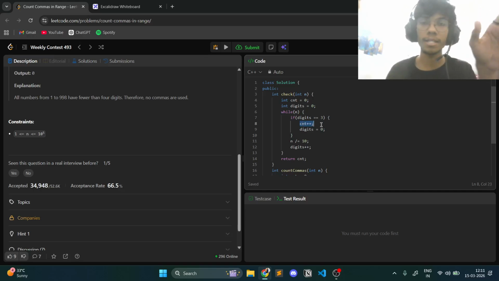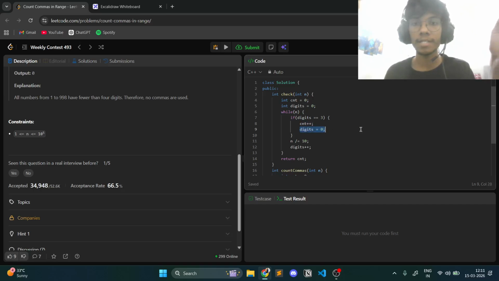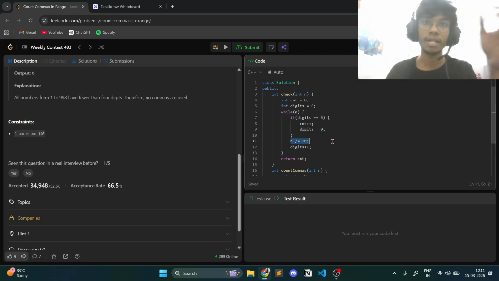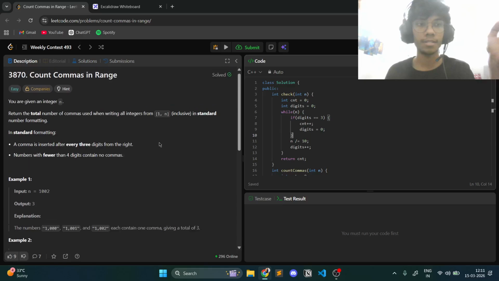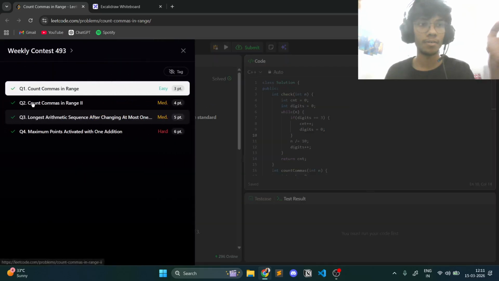The count essentially indicates the total commas that we can place, and then we reset the digits count to 0, and we keep dividing the number by 10 so that we can iterate over all the digits, and we do this till the number does not become 0, right? I hope you got it. This was just a simple problem, and now let's move on to the second one.